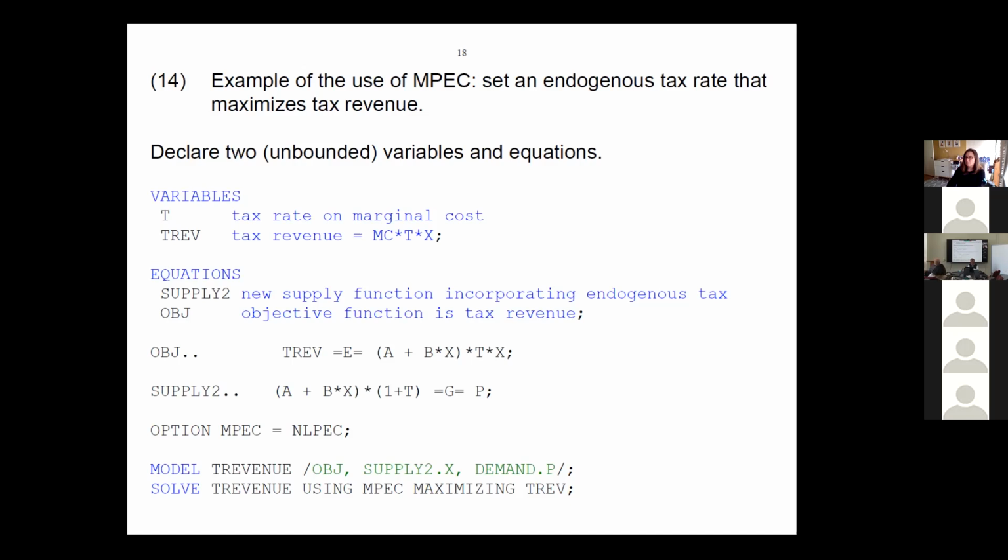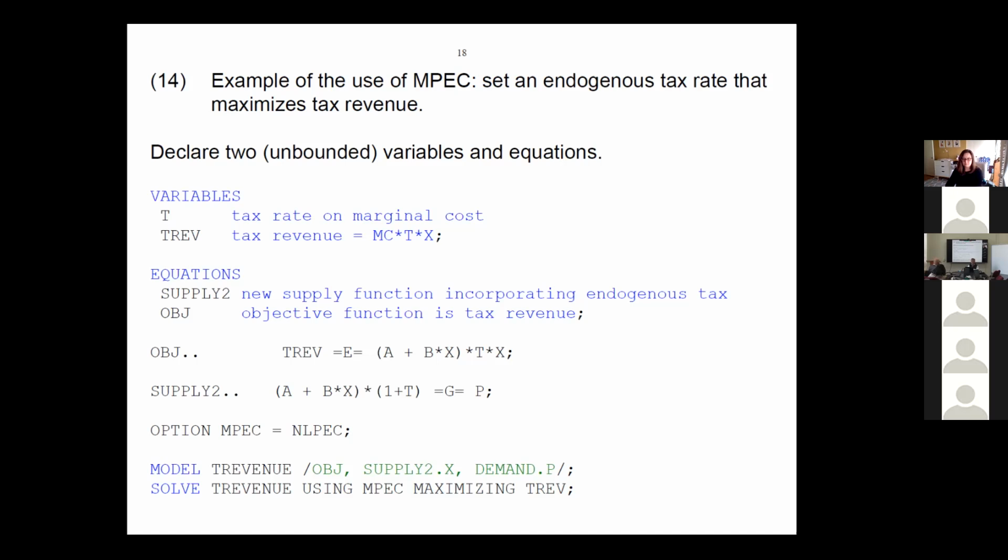Here I've added a variable, not a parameter, called tax, the tax rate. Tax revenue is marginal cost times tax rate times the output level, so the tax is on the input. There's an objective function, tax revenue equals, since we're going to optimize we need an equal sign, A plus BX, that's marginal cost, times the tax rate, times the output level.